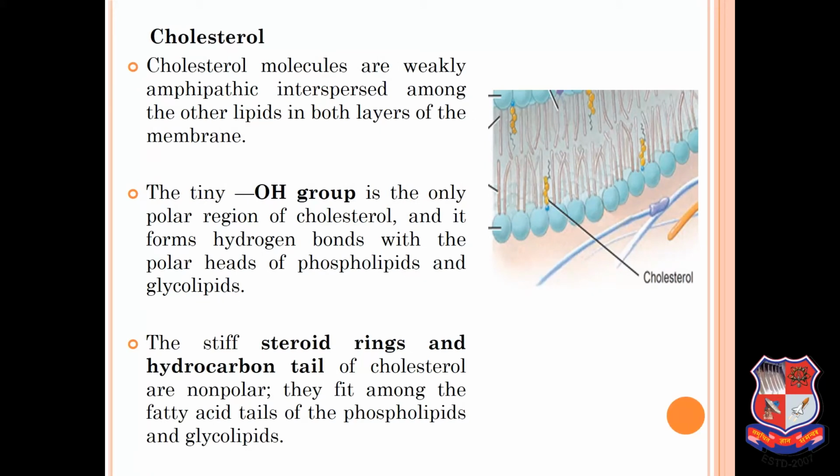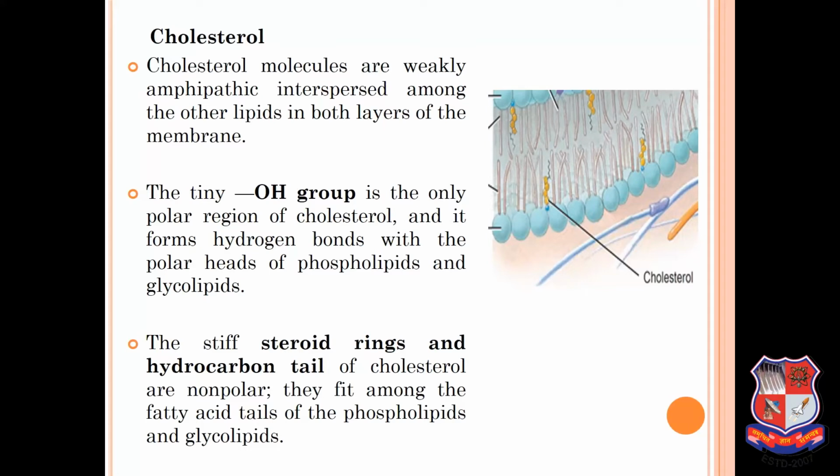Now the second lipid of the plasma membrane is cholesterol. Cholesterol molecules are weakly amphipathic, and they are interspersed among the other lipids in both layers of the membrane, meaning the upper side and lower side.